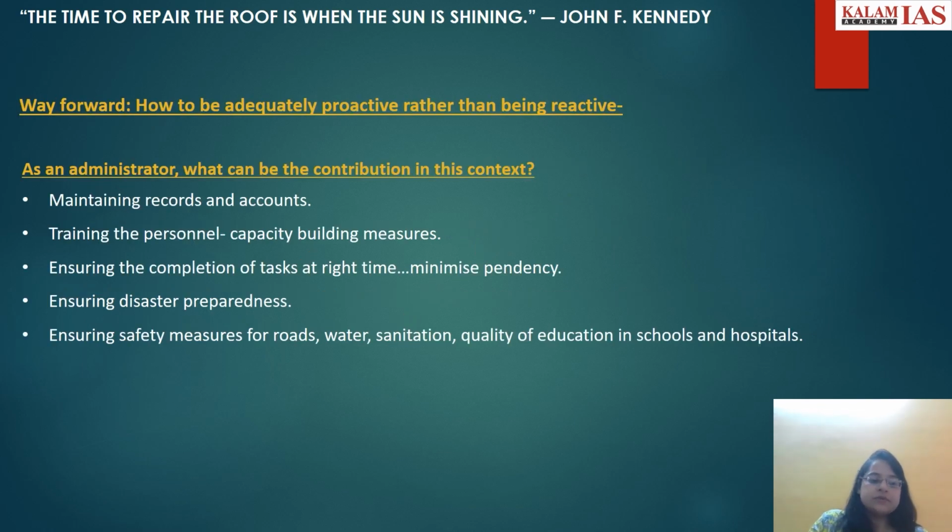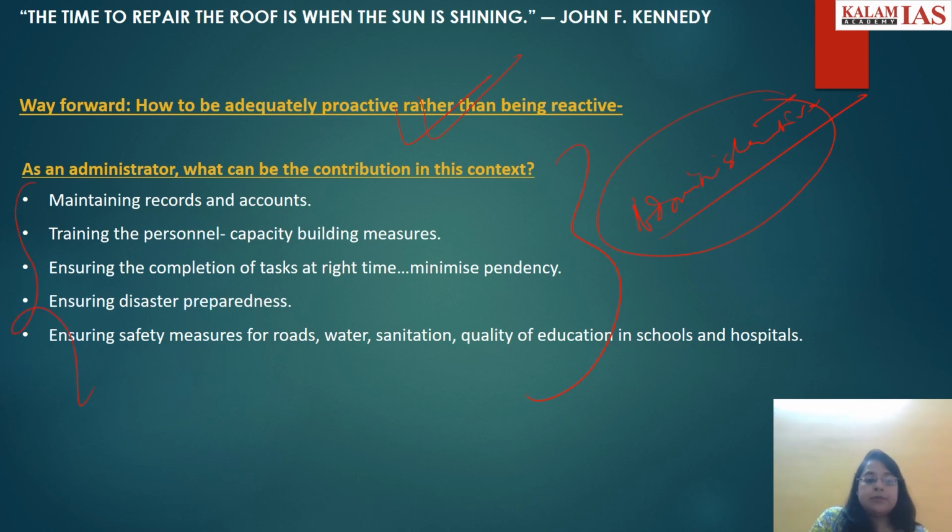Then comes the way forward, that is, how to be adequately proactive rather than being reactive. Here you can actually add an administrative point of view. Whenever there is any chance, you should be adding the administrative point of view, because you are writing for an administrative service exam. So as an administrator, what proactive measures can you take?